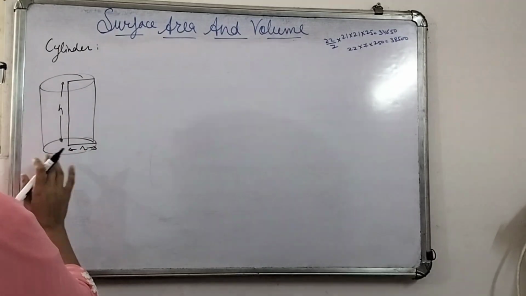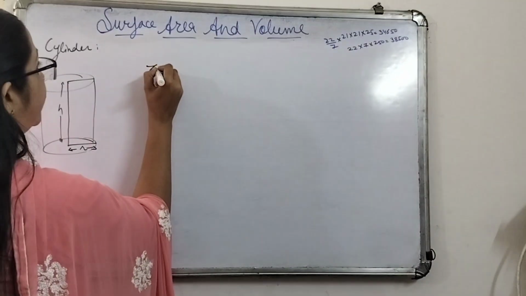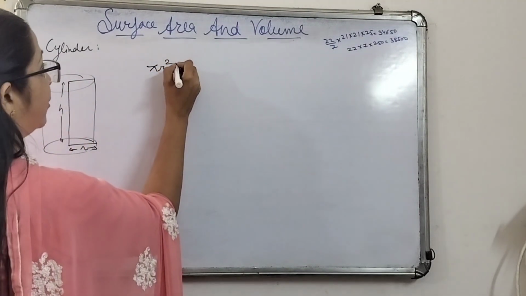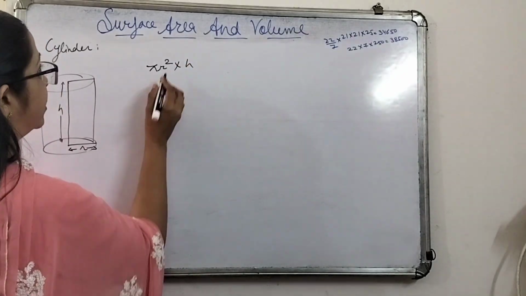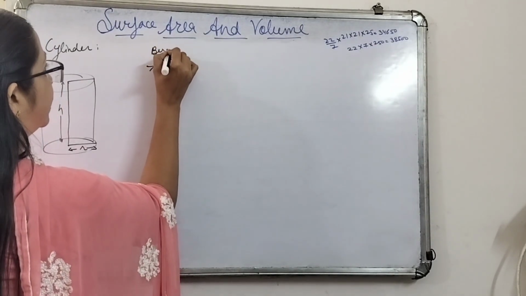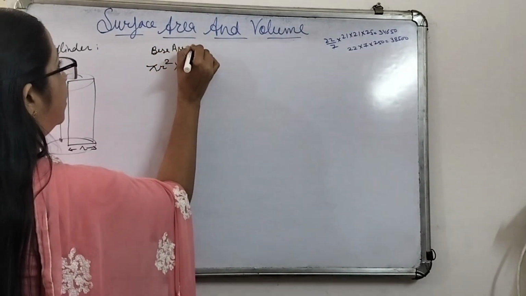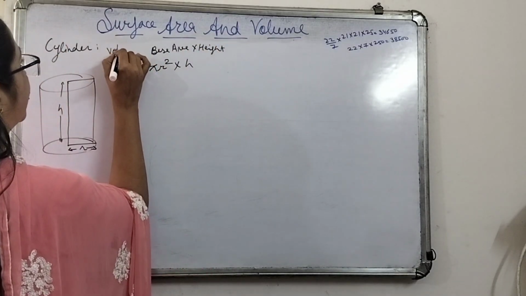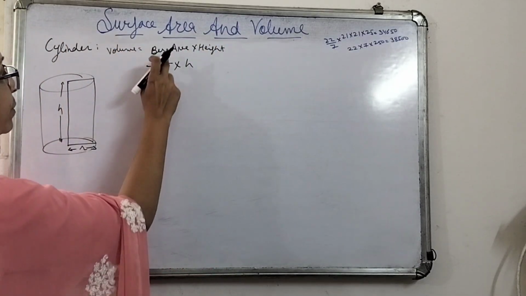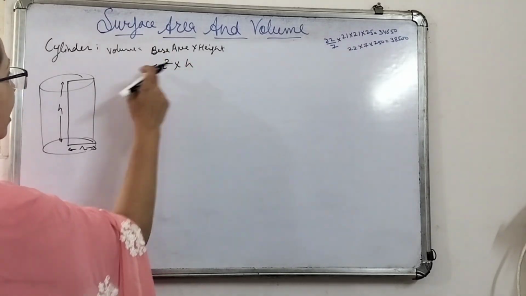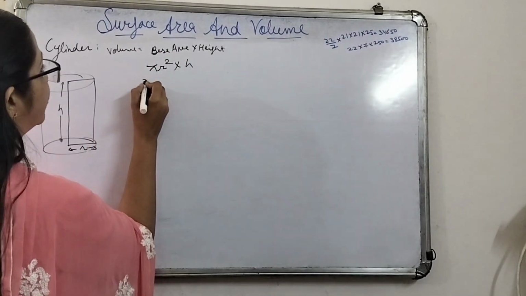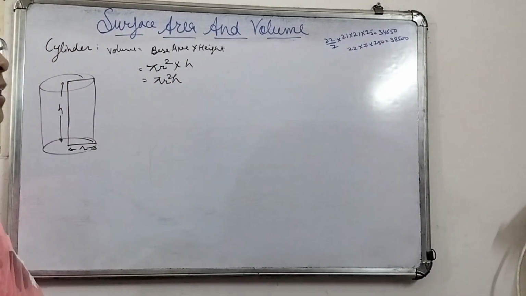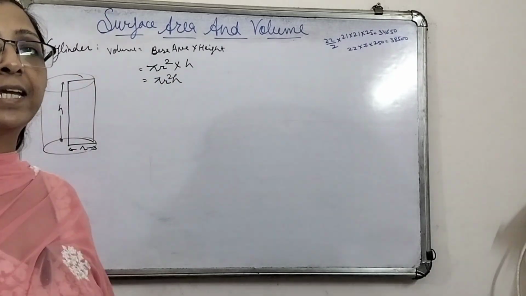That means the area of the base will be pi r square, and the height is h. If we multiply the base area by its height, it will give us the volume. So the volume will be base area pi r square times height h. So the volume of the cylinder will be given by pi r square h.